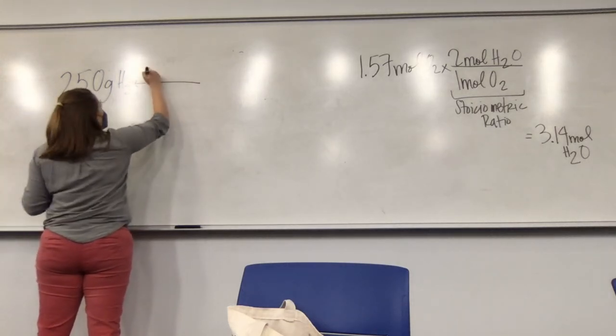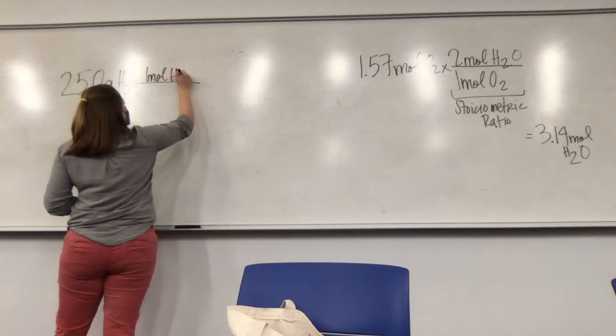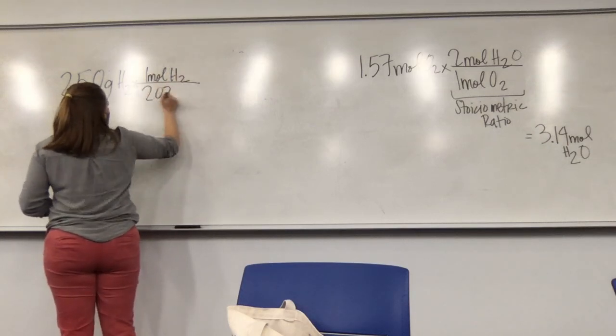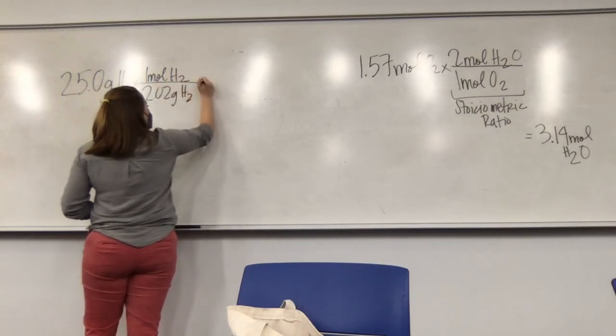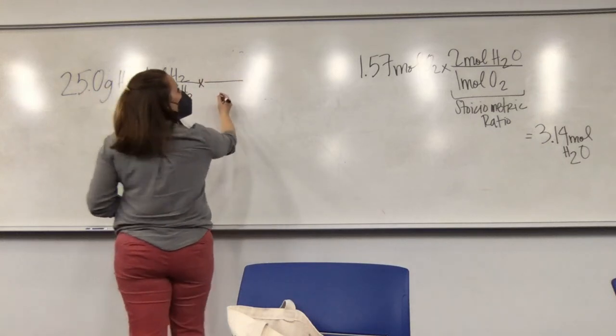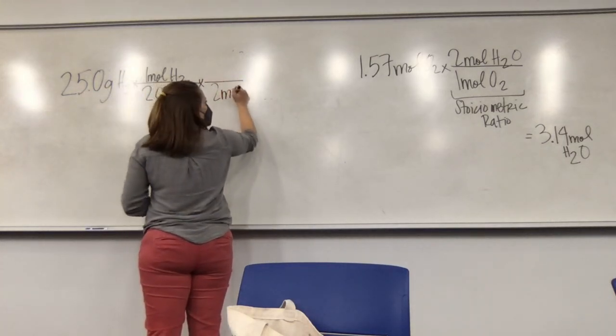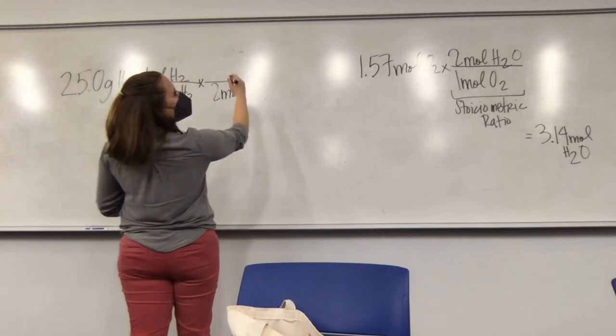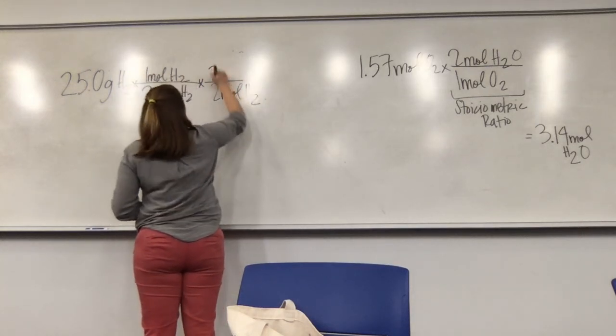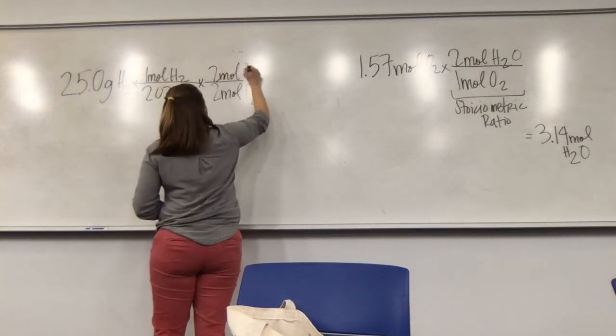In 1 mole of H2, there is 2.02 grams of H2. For every 2 moles of H2, there are 2 moles of H2O.